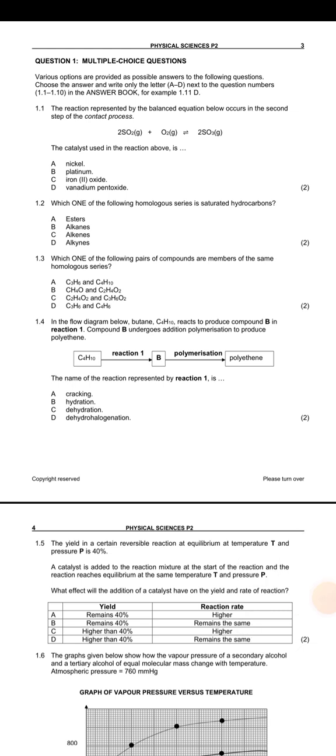When we move on to 1.3, which one of the following pairs of compounds are members of the same homologous series? You need to know your background theory there. Homologous series have the same general formula. So we expect the ratio of carbons to hydrogens to be the same for the members that are in the same homologous series.